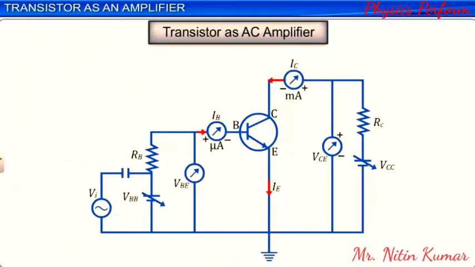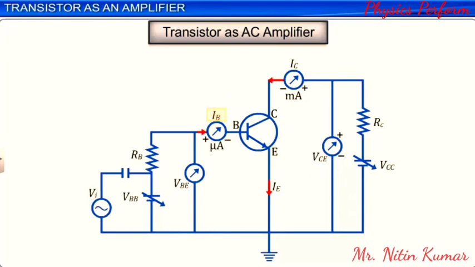An AC sinusoidal wave representing input voltage Vi superimposes over the supply voltage VBB for the base emitter circuit. The input AC voltage VI causes sinusoidal variations in the base current IB. The sinusoidal variations in the base current IB introduce corresponding sinusoidal variations in the collector current IC.